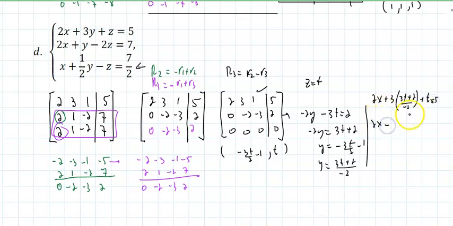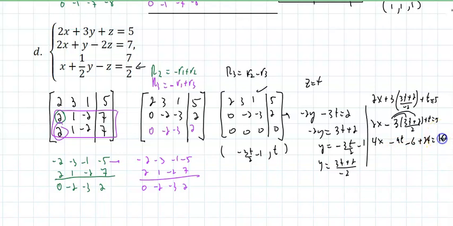2x minus 3 into (3t plus 2) plus t equals 5 over 2. If I clear the fractions, 4x minus 9t minus 6 plus 2t equals 10.